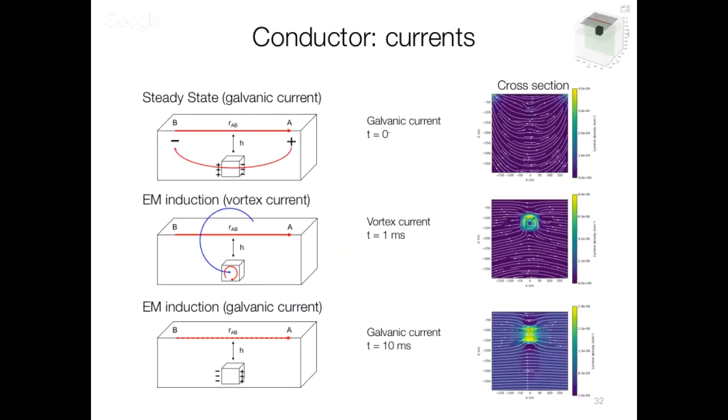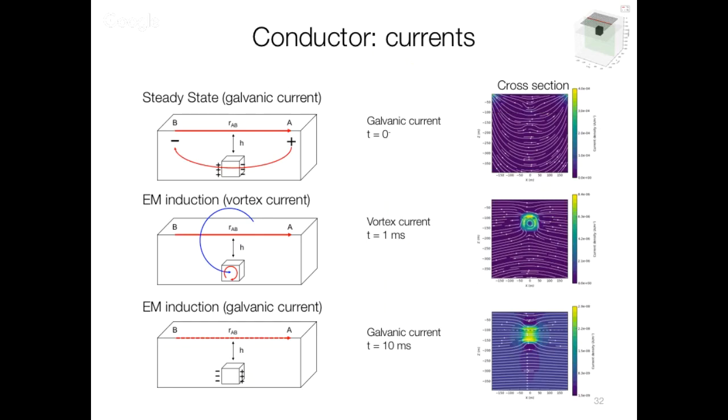So we've got a block in here. Initially, we just have these galvanic currents. Then a little bit later, we get vortex currents that are primarily going like this. And then a little bit later, as these things have decayed out, if we look at our currents, you can see basically the current lines are going through here. So we have a heavy response from the galvanic current.